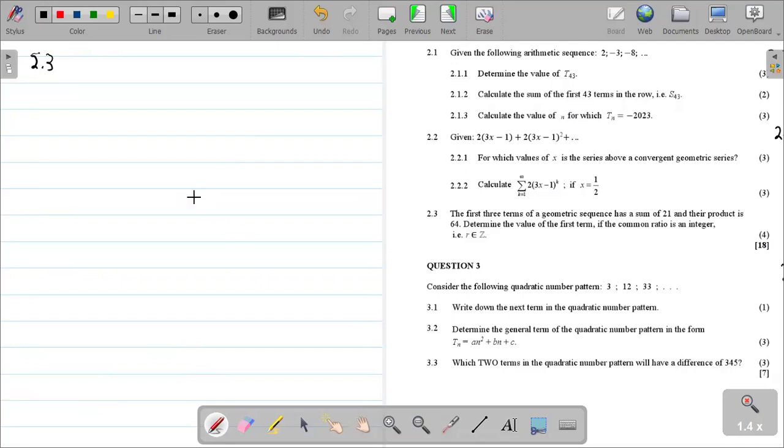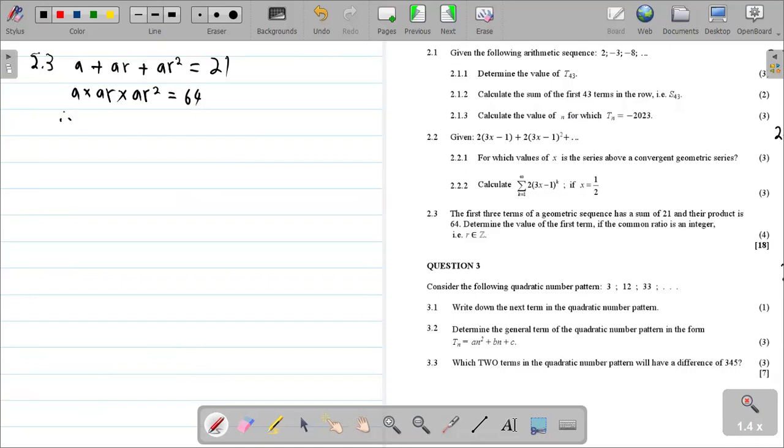So we can make 2 equations here. We can say a, then plus ar, then plus ar squared equals to, so the first 3 terms, they say they're equal to 21. And they say their product is 64. So it means a multiplied by ar multiplied by ar squared equals 64.